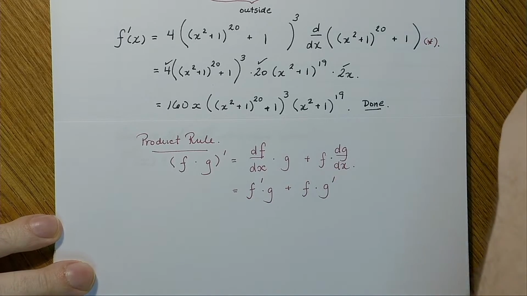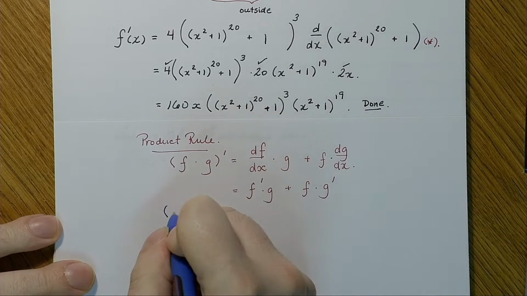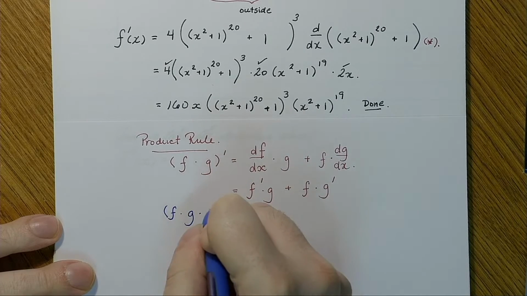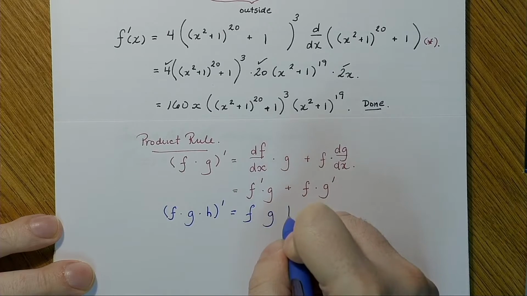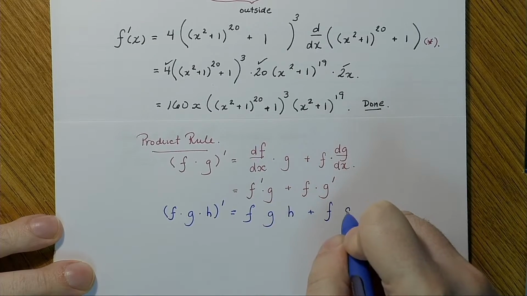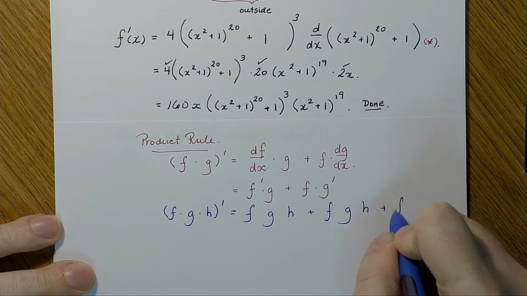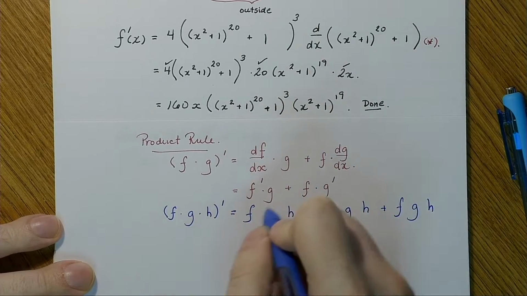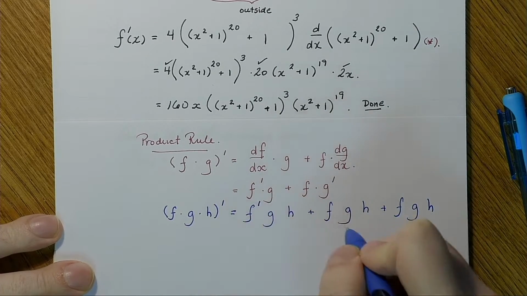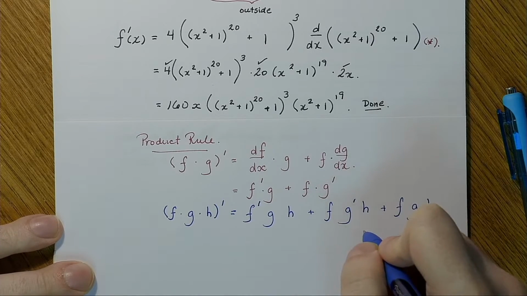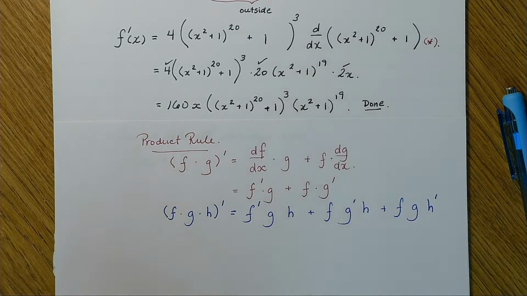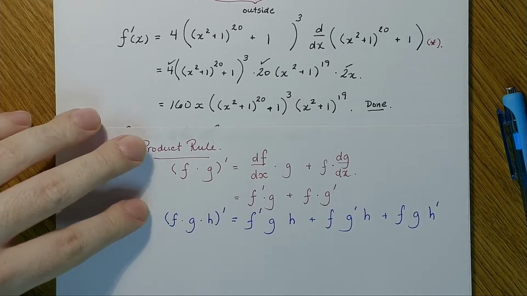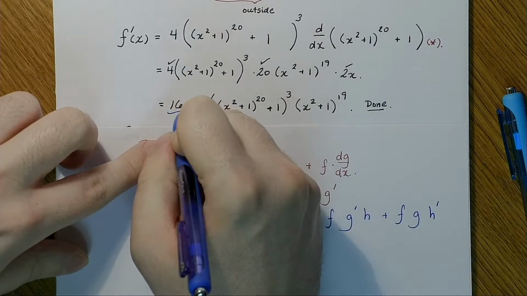So when I expand this out for three functions, I have f g h plus f g h plus f g h. It's the derivative of the first function in the first term, the derivative of the second function in the second term, and the derivative of the third function in the third term. Why am I telling you this for the product rule for three functions? Because I have three functions.